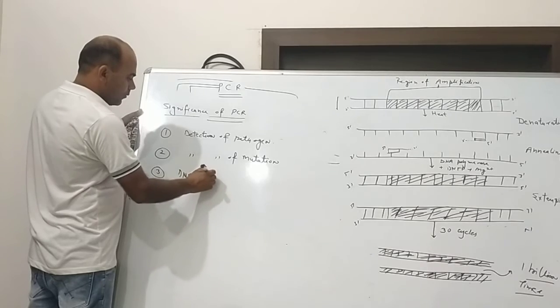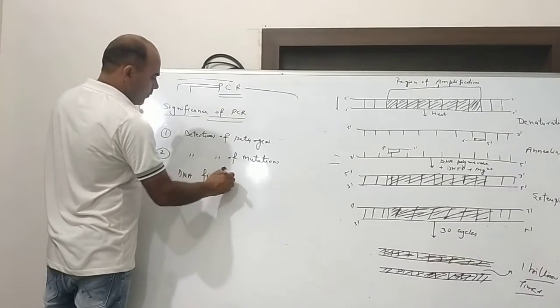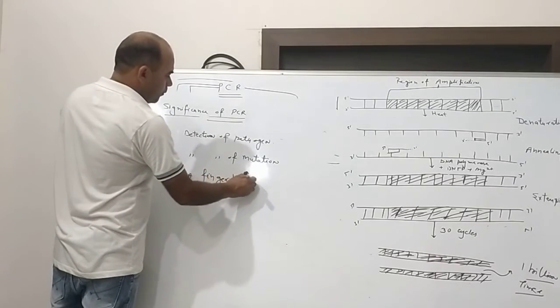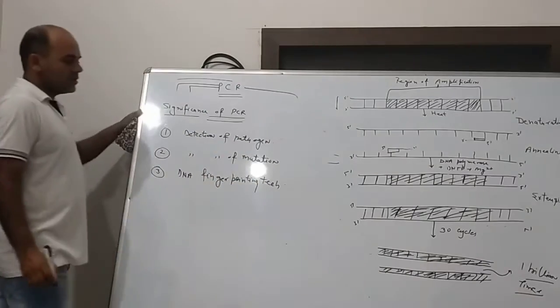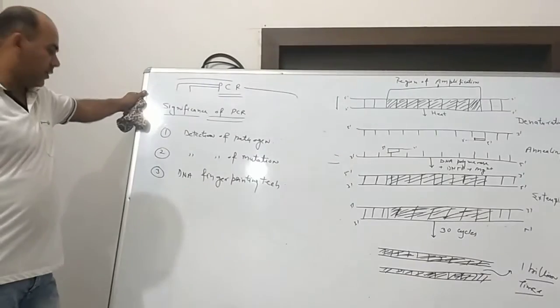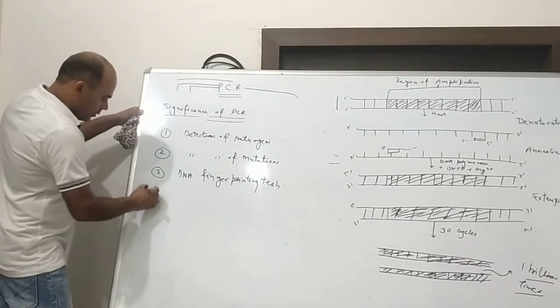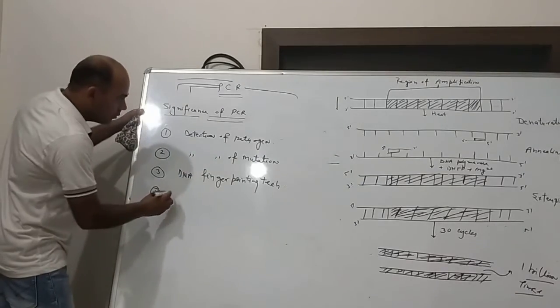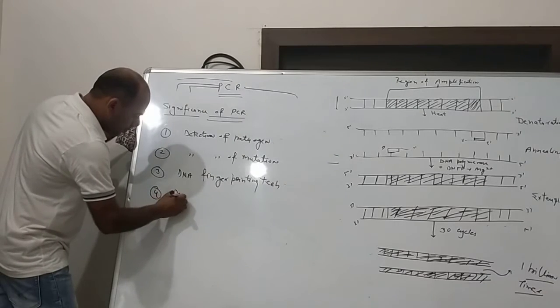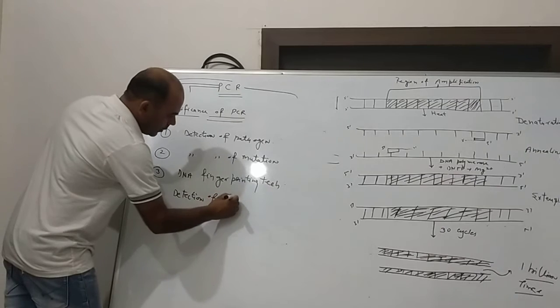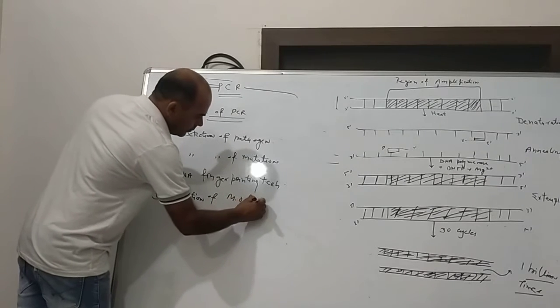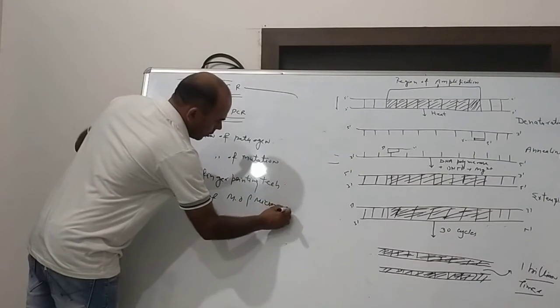Very important questions: DNA fingerprinting technique. This technique we already discussed in molecular basis of inheritance. The fourth one, detection of pathogens, sorry, microorganisms. Detection of MO, which stands for microorganism.